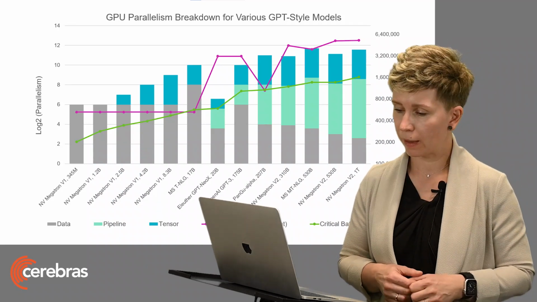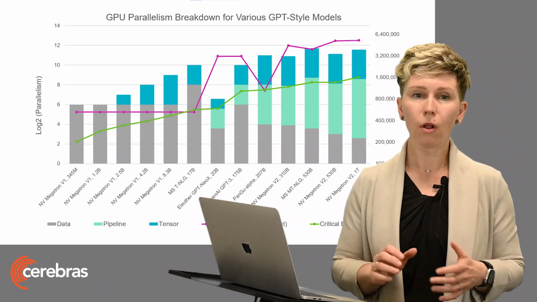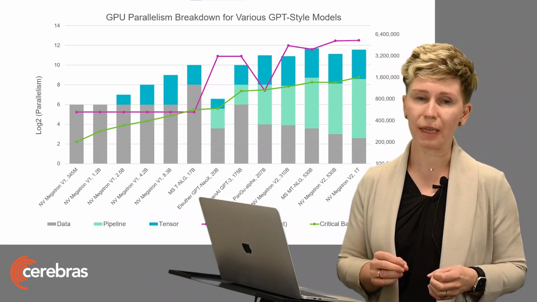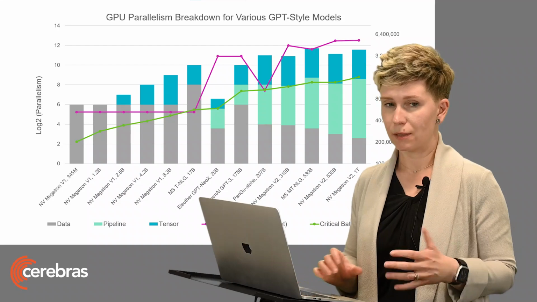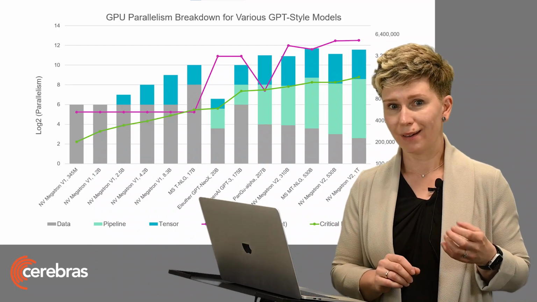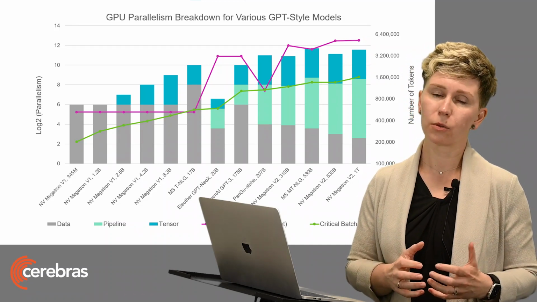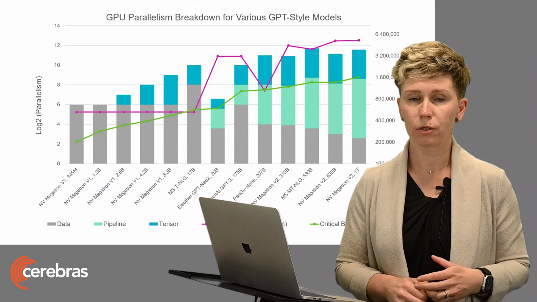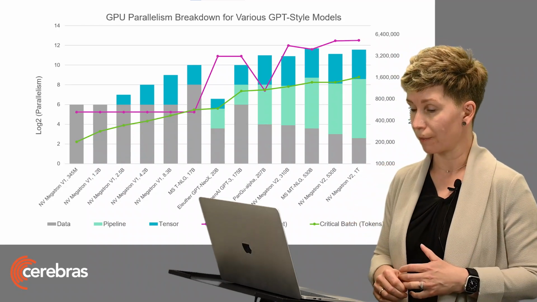But then as you start to increase the size of the model, you no longer can rely on data parallel training alone, and you need to bring into the mix model parallel training as well. Then it becomes an art of optimization to understand across how many nodes you would like to distribute using data parallel training, and across how many nodes or GPUs you would like to distribute using model parallel training, and different flavors of model parallelism.